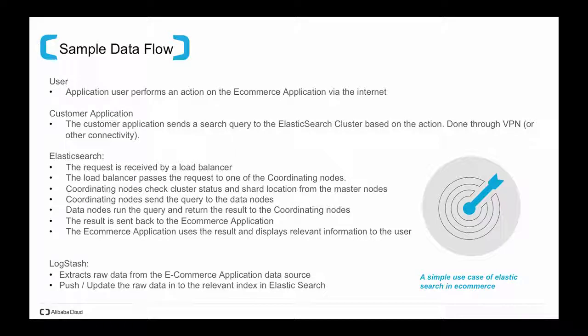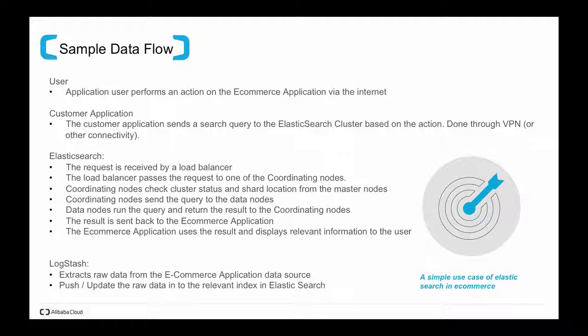Now this action could be anything. Let's assume that this action is he starts typing in the search field, right? The customer application sends a search query to the Elasticsearch cluster based on the action. This is done via VPN or other connectivity.